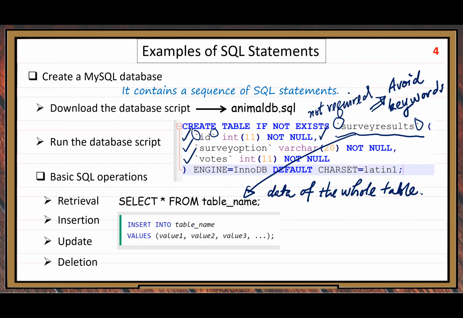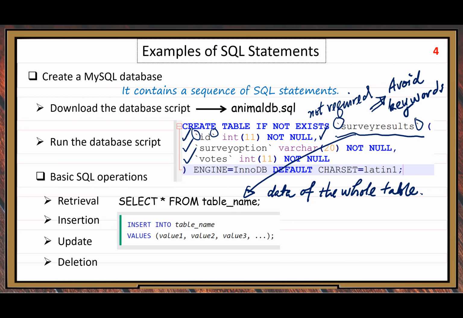All right. Then insertion. So the syntax is like this: insert into table name values, parentheses, then value 1, comma, value 2, and so on. There are some details, but I will explain the details later.